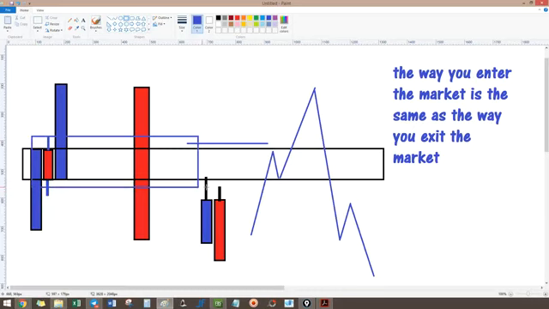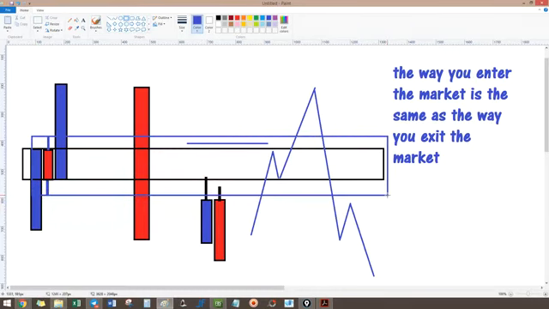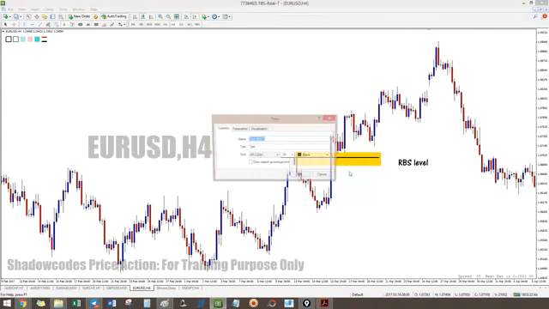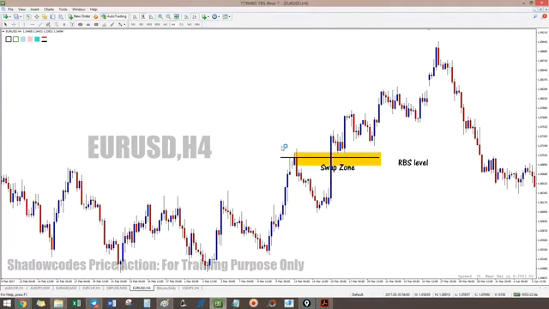You can take all of this zone as your area. So your sniper entry or your zero drawdown entry will be at RBS. But if you do not want to miss a trade, you can just enter here. So this is a swap zone entry.